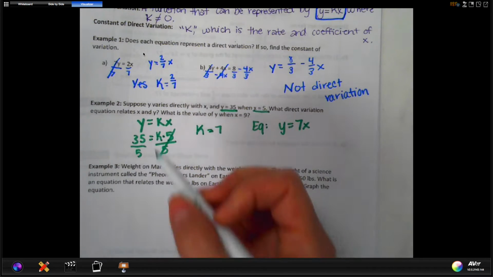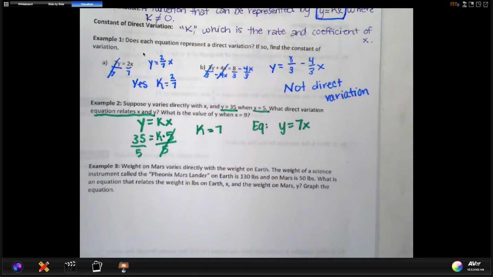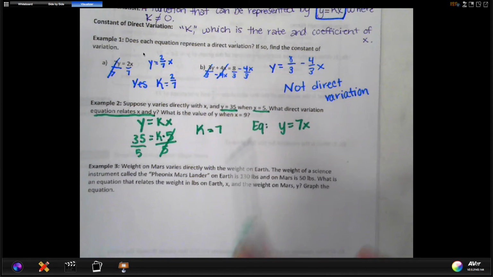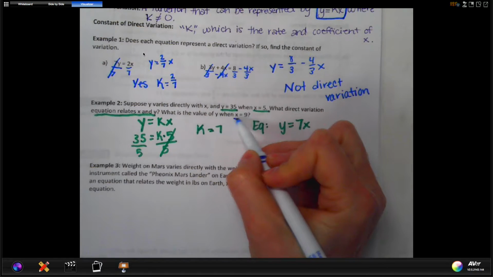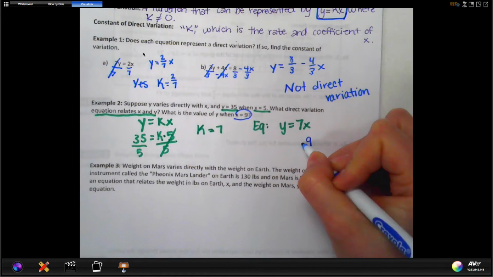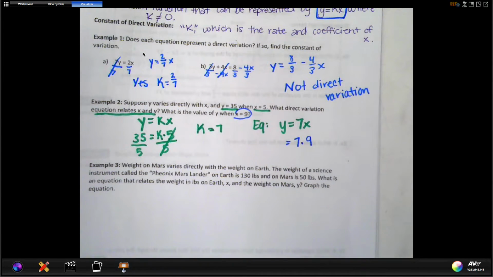That's the equation. So step 1 is to figure out your rate. Okay, so we just answered our first question. And our second question now is, okay, what is the value of y when x is 9? So what you do for the second part is you substitute in what they give you into your equation. So if x is 9, we times that by 7, and we're going to get our answer for y. So 7 times 9 is what? 63.